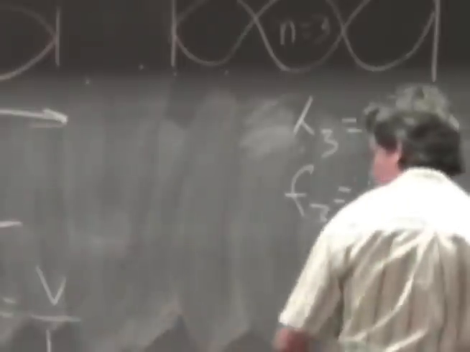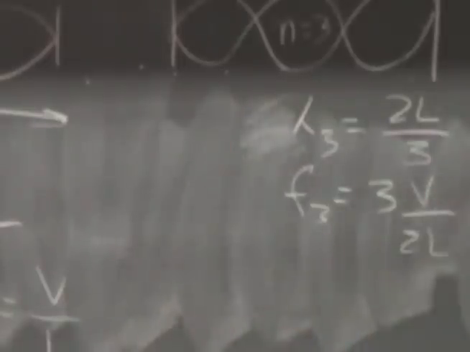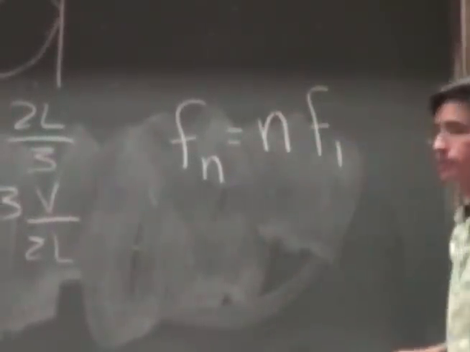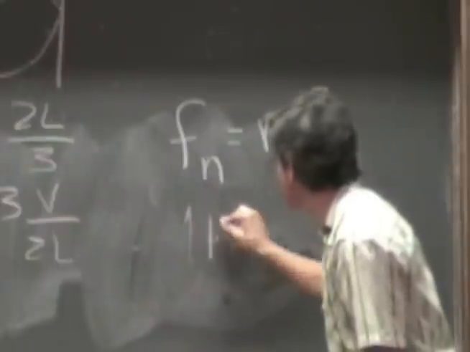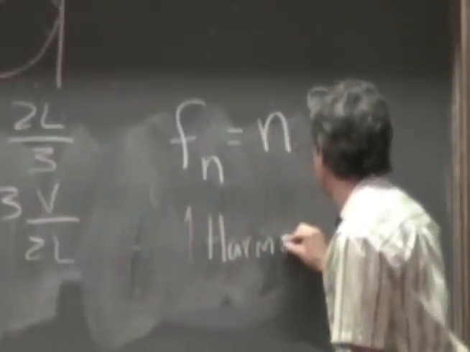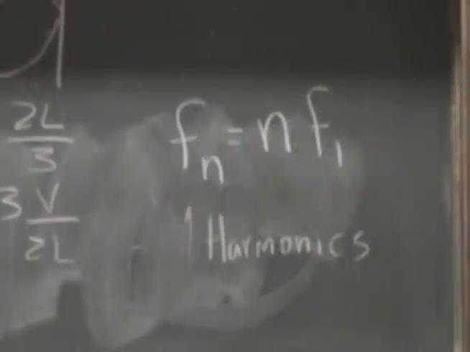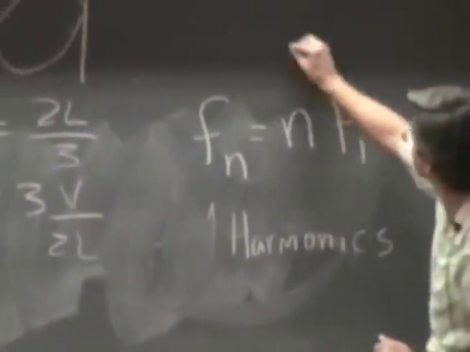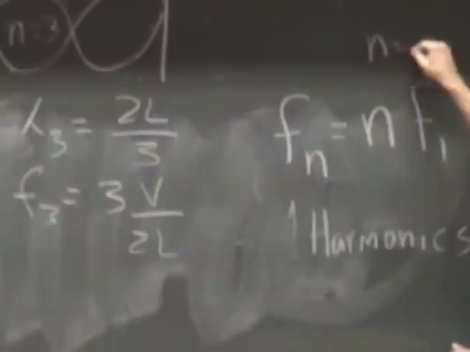So notice that in general, the frequency of the nth mode for this kind of system is n times the frequency of the fundamental mode. These are called the harmonics. And for a system that is closed on both ends, it's all the multiples of the fundamental frequency. n can be 1, 2, 3, any number that you wish.